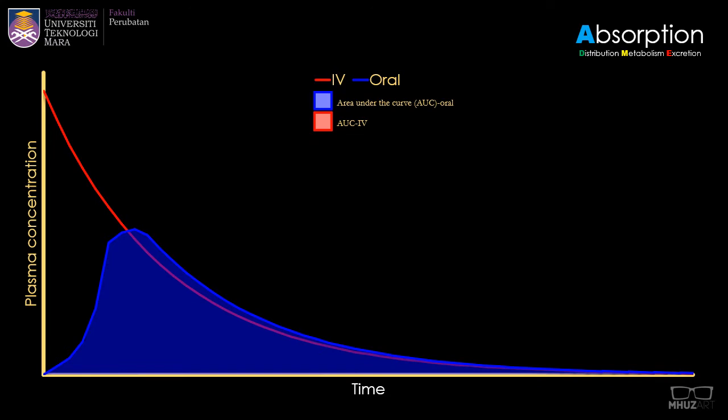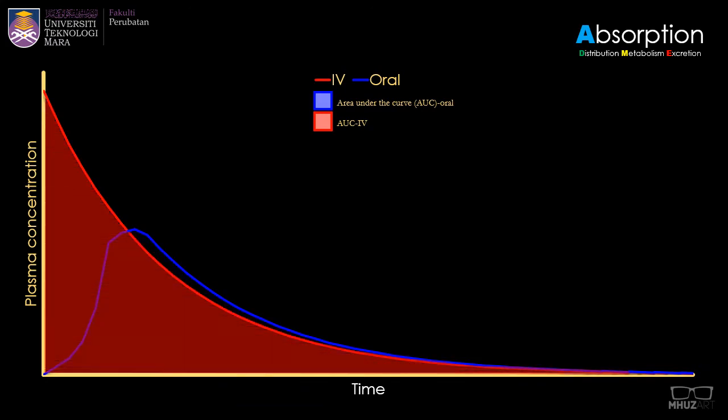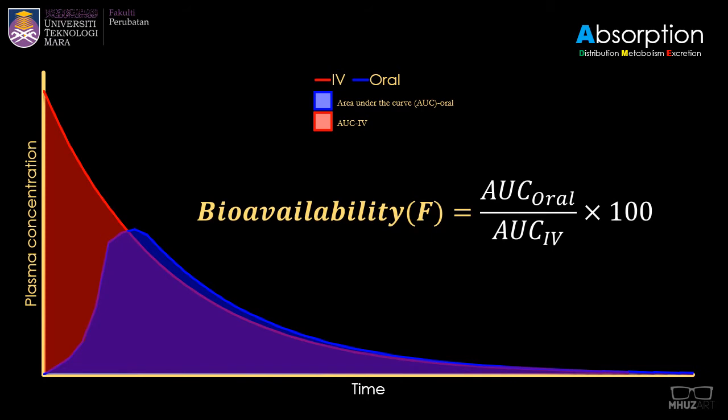Now, if you see here, the areas under the curve for both the orally administered as well as intravenously administered drug can be calculated, and both of these values contribute toward the calculation of bioavailability. And for bioavailability of an orally administered drug, the formula is as shown here, and most of the time it will not be 100%.